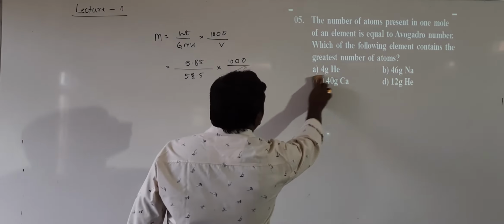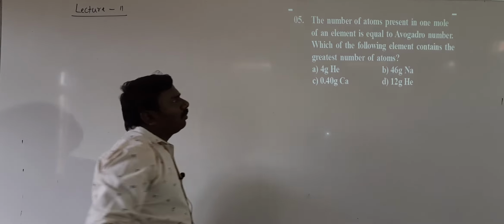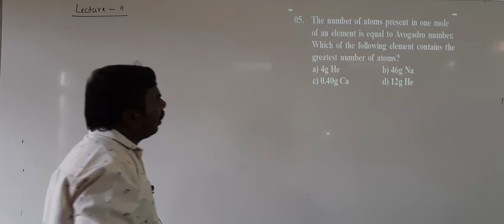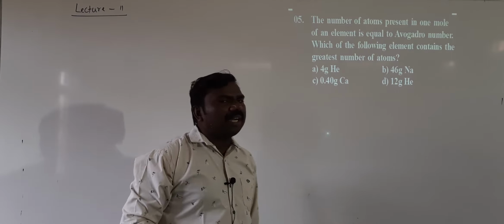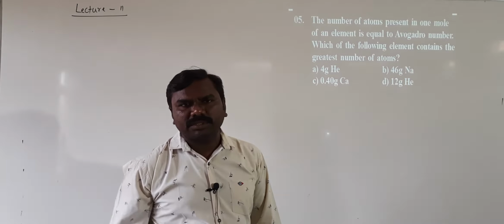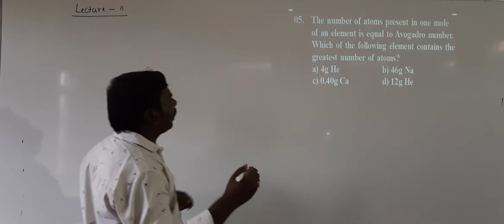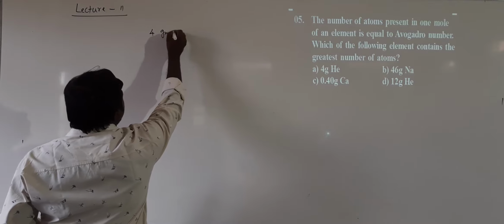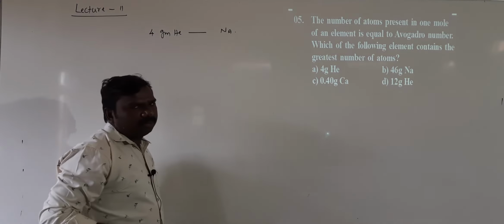The number of atoms present in 1 mole of an element is equal to Avogadro number. Which of the following elements contains the greatest number of atoms? Number of atoms means, for example, 4 grams helium is Avogadro number of helium atoms.